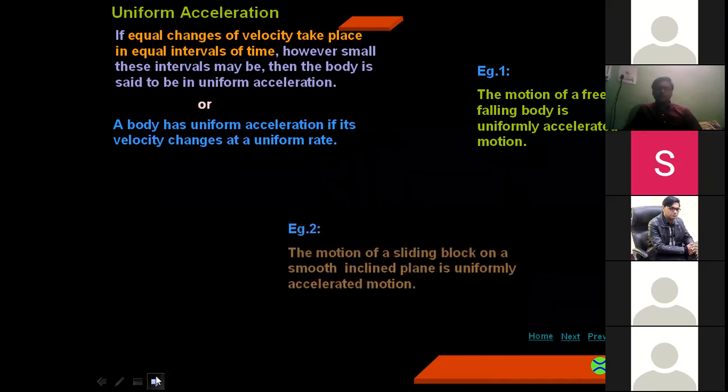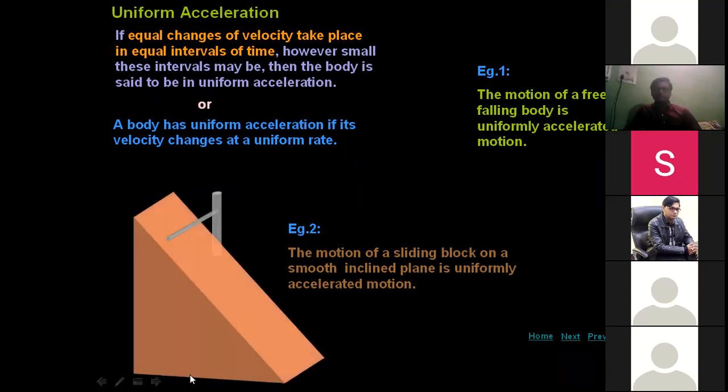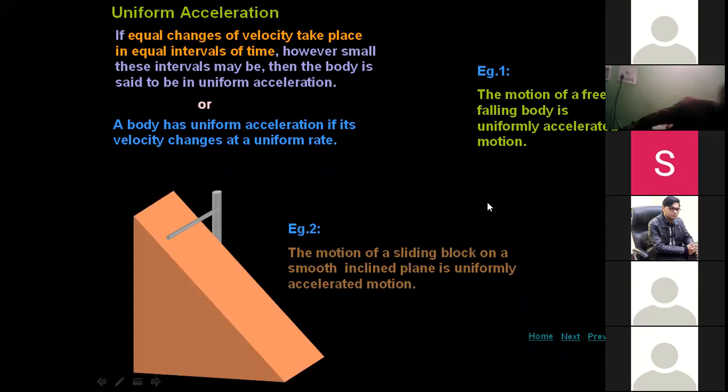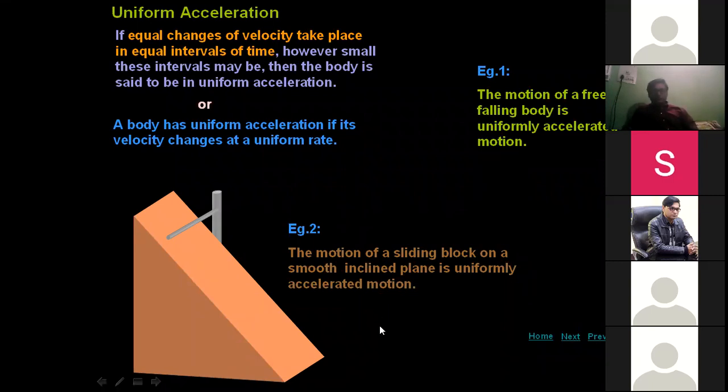The motion of a sliding block on a smooth inclined plane is uniformly accelerated. Suppose that this is called an inclined plane. You will study it in depth in 11th class when I will teach you the free body diagram.